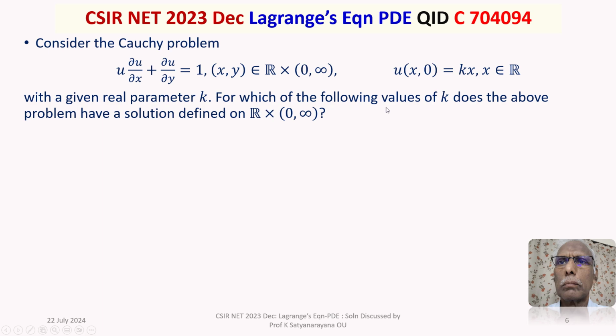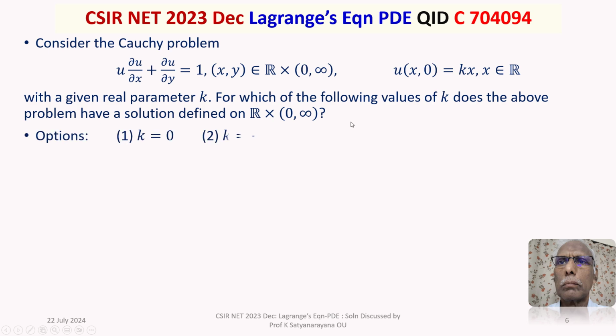Now, for which of the following values of k does the above problem have a solution defined on R × (0, ∞)? So we have to investigate the values of k for which this problem has a solution defined on R × (0, ∞).